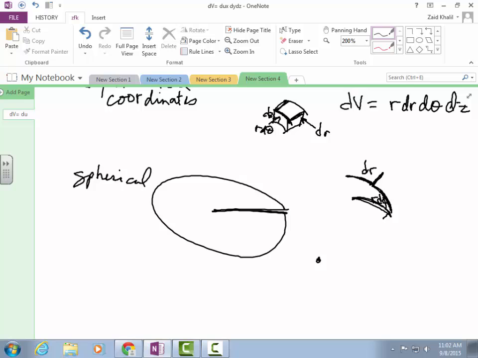Now, the part that's going to be rotated in a circle is this. That's your theta, so this is going to be your d theta. But the problem with this is we have to figure out what distance is actually going to be wrapped around.